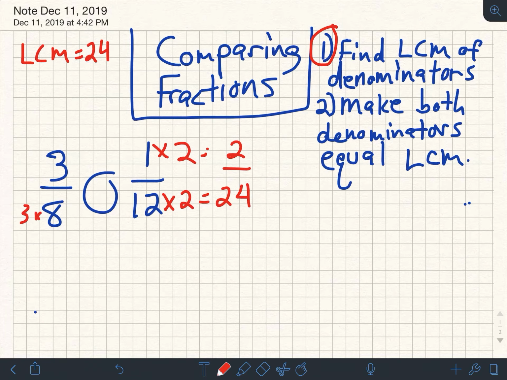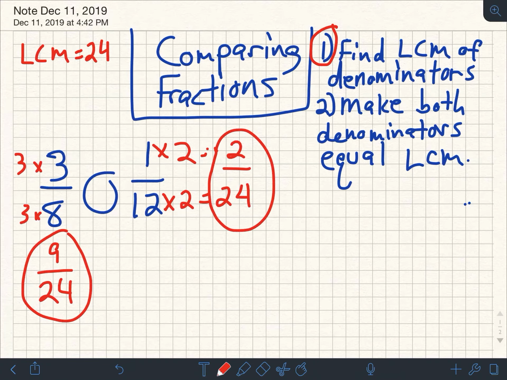And I don't have space to write this, but I have to do the numerator times 3 as well. And 8 times 3 is going to be 24, and 3 times 3 is going to be 9. So we're comparing 9/24 and 2/24. And we would say that 9/24 is bigger, so 3/8 is bigger than 1/12.